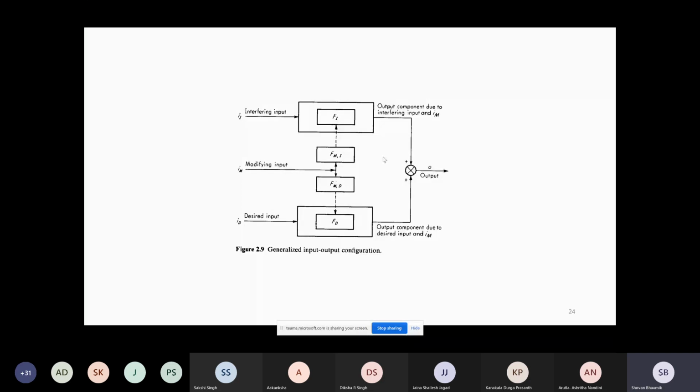So from the same output, we cannot measure the input properly. So we need to do something. Now tell me, is it clear or is there any query up to this point? Because this is a very important concept and you should understand it.